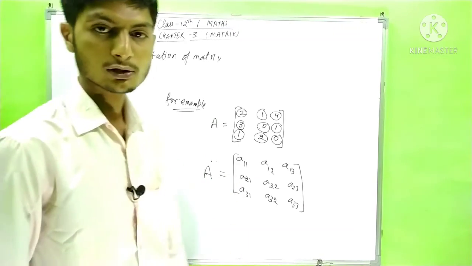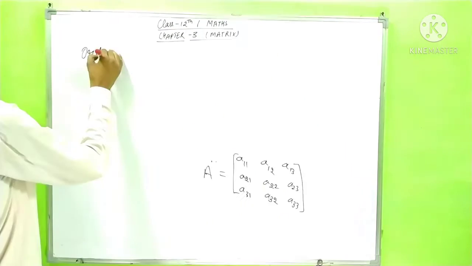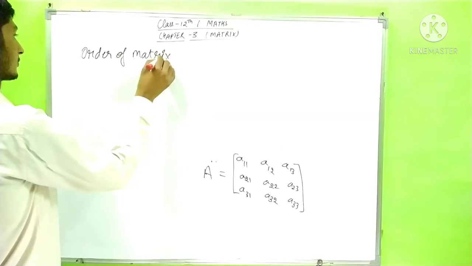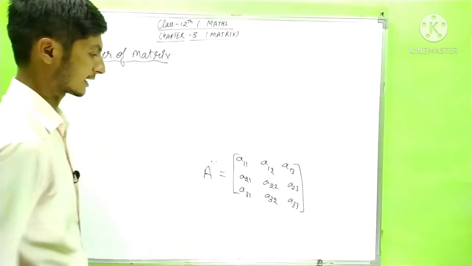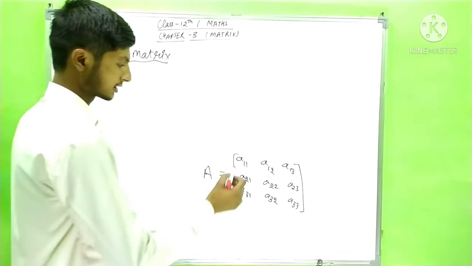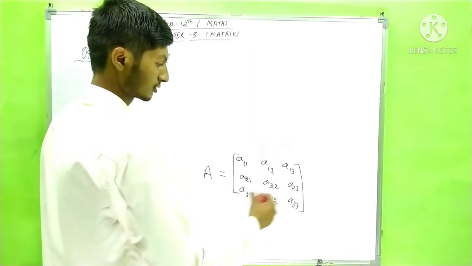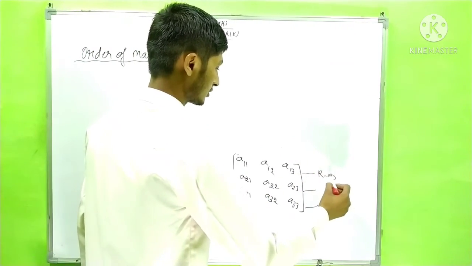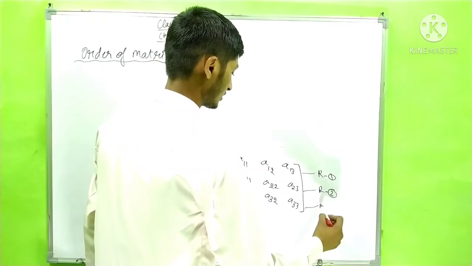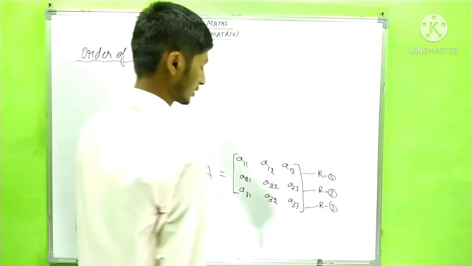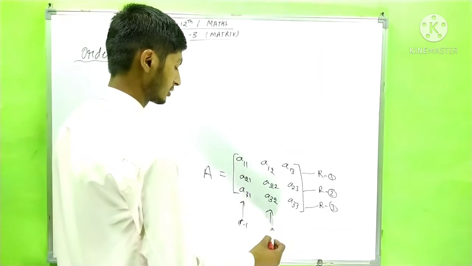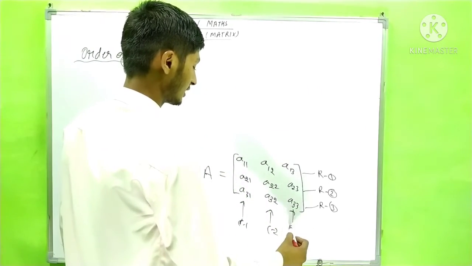Now we talk about the order of the matrix. In this matrix, there are 3 rows: row 1, row second, row third, and here columns: column 1, column second, and column 3.